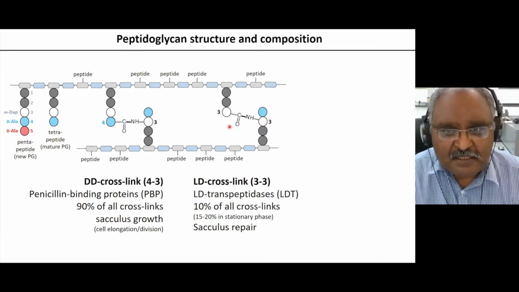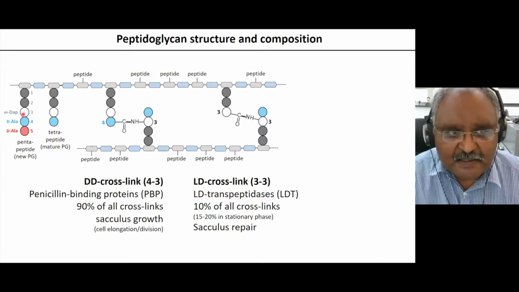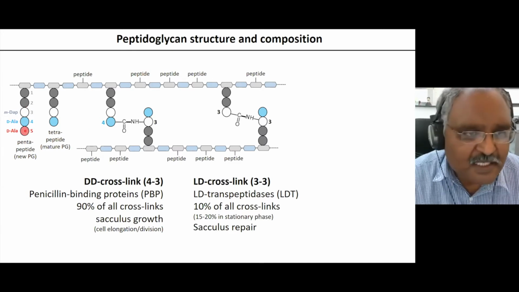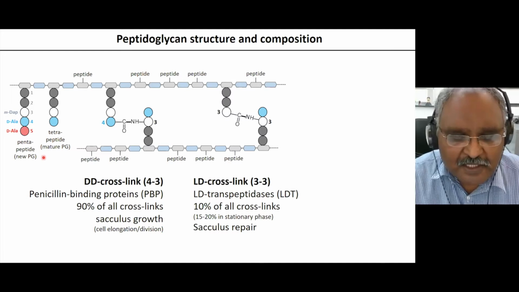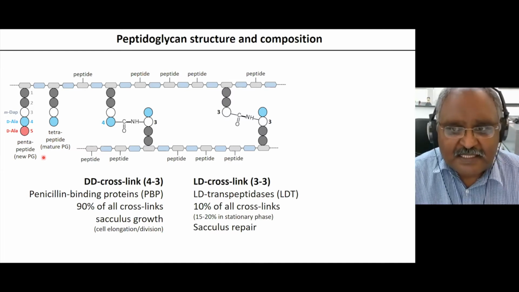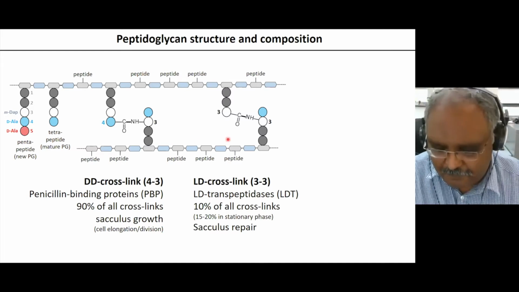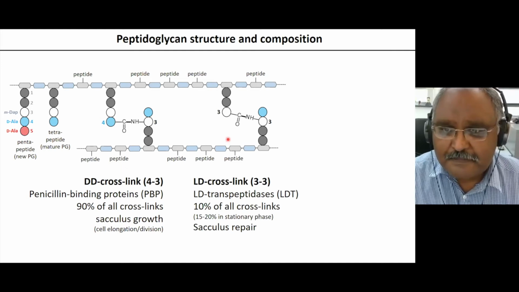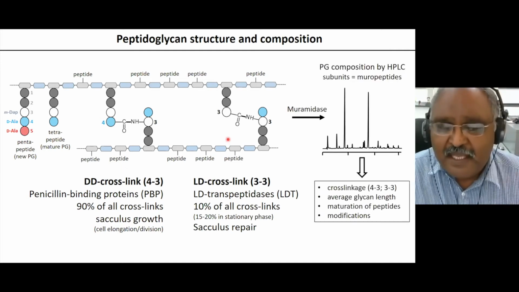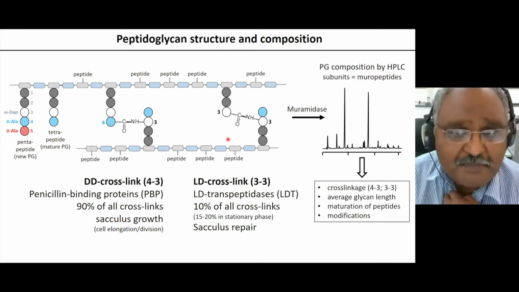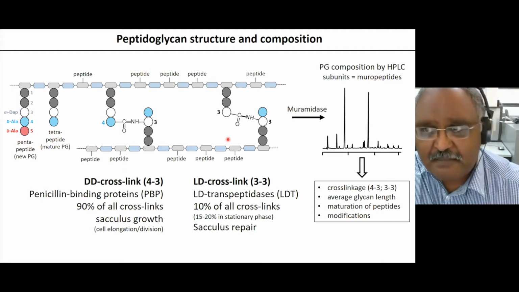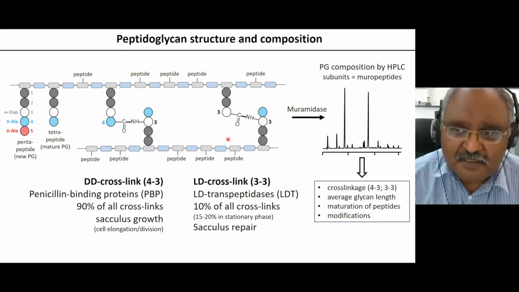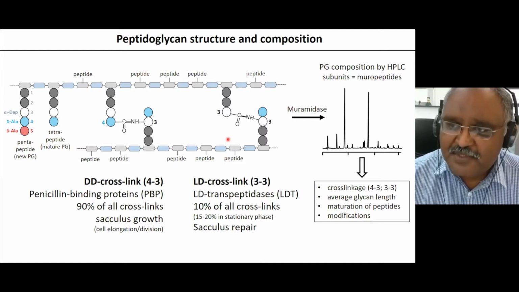So a combination of linkages and length of the amino acid chain gives the shape to the bacteria. And the PG we digest with an enzyme called muramidase, and we study the composition of the peptidoglycan by using HPLC.